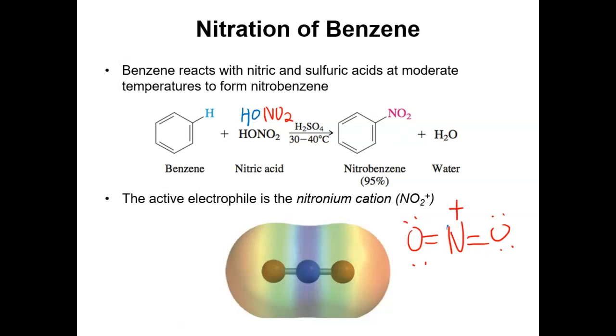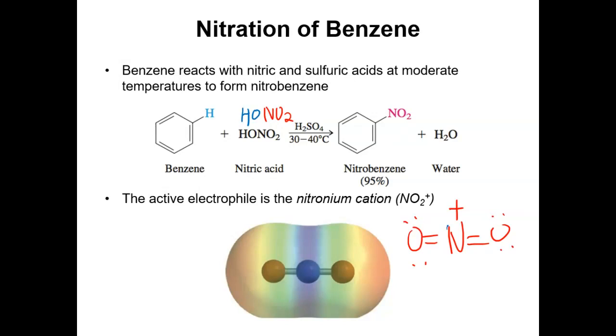So there's one whole unit of positive formal charge on the nitrogen. As you're going to see later, this electrophile is among the most powerful electrophiles you will be seeing in this entire course.